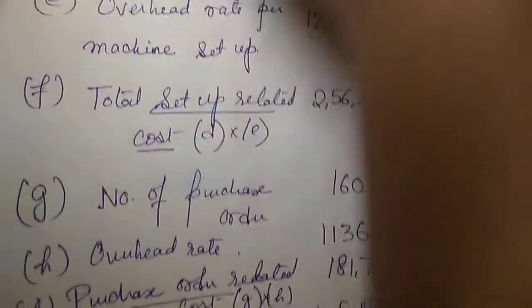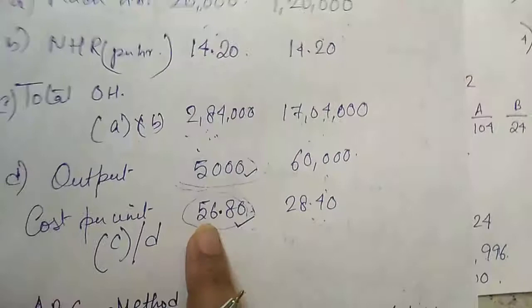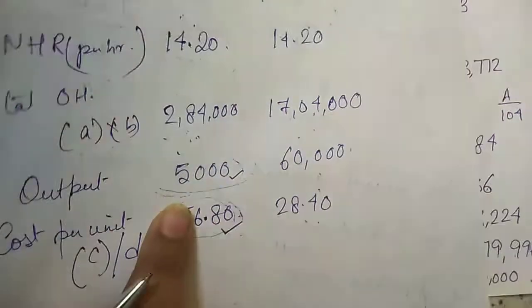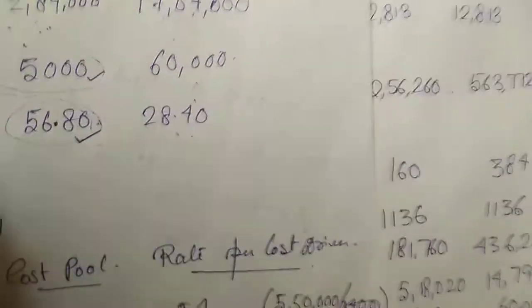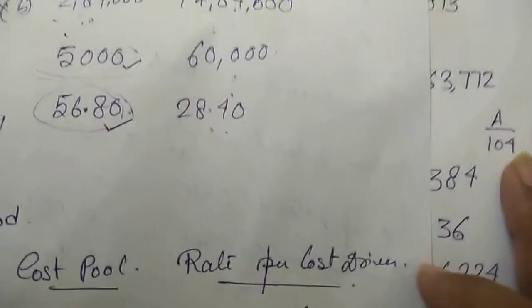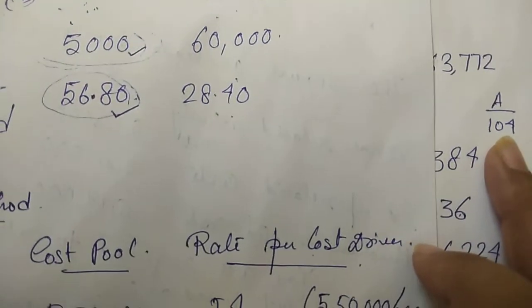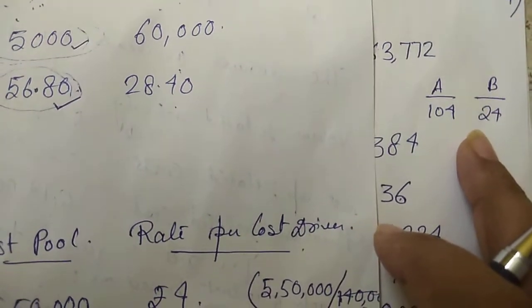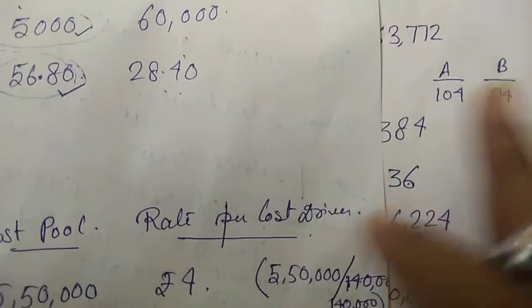Now you can see the difference. Earlier cost per unit of product A was 56.8 and product B was 28.4, and under ABC costing, instead of 56 it's coming to 104, and instead of 28 it's coming to 24. So you can see this difference.